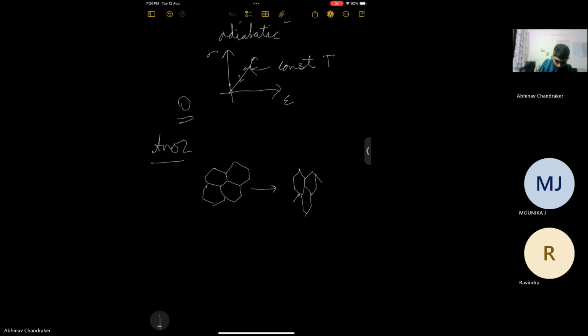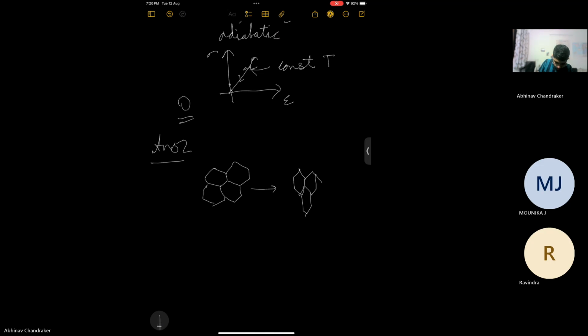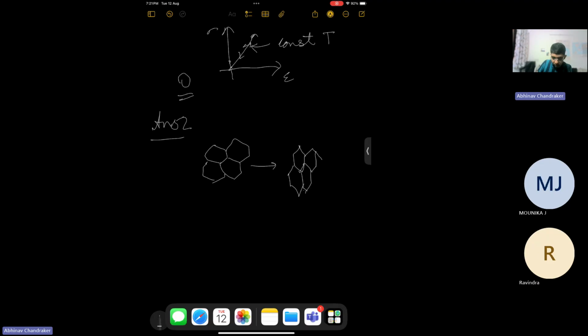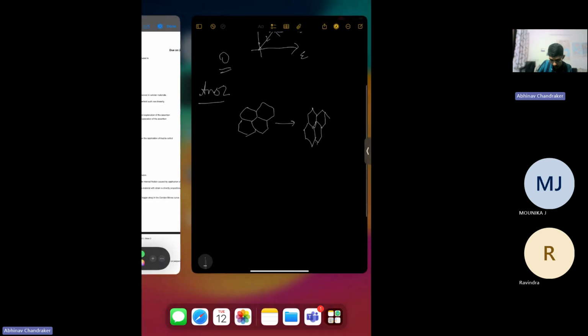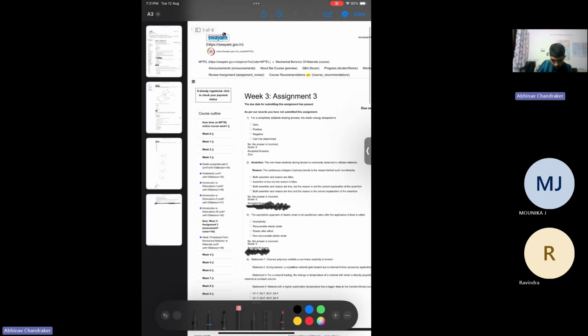So this can be seen as a change in shape on deformation. And there is no stretching of bonds per se, like some stretching but very low. The major strain is coming due to the change in the structure. So the reason is also wrong.